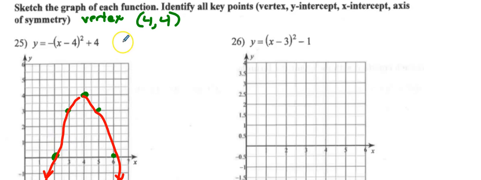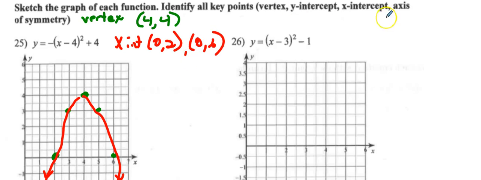So when we're looking for the x-intercepts, we have one at 2, 0, and one at 6, 0. We know that the axis of symmetry cuts right through the middle of our parabola.